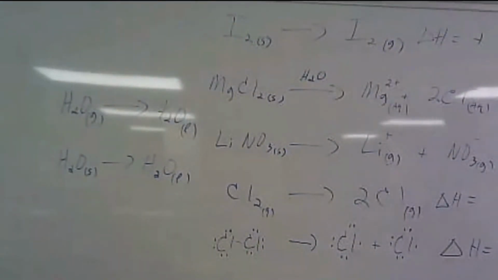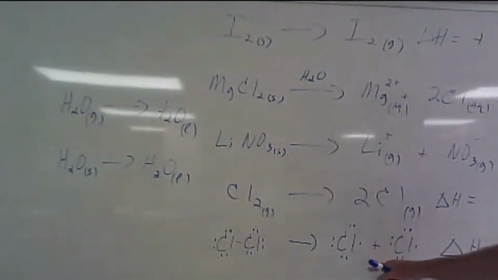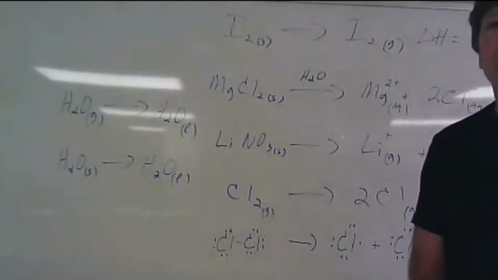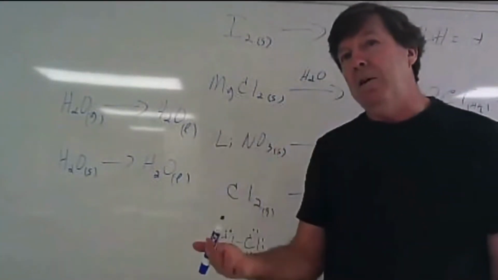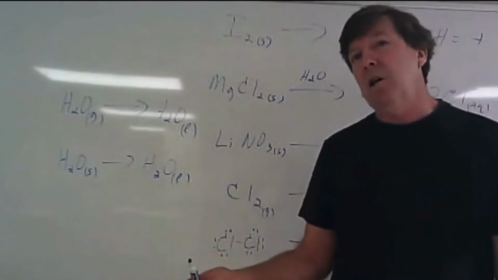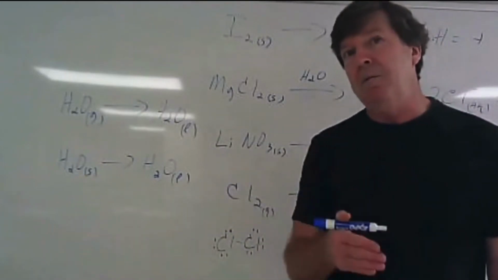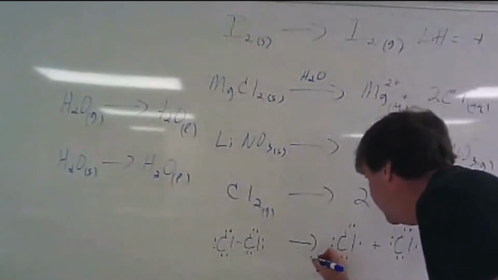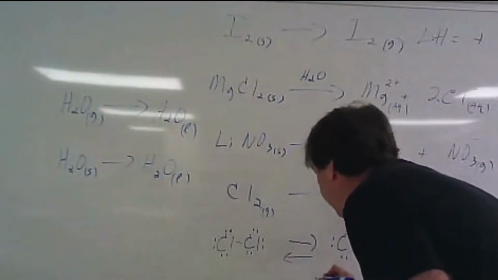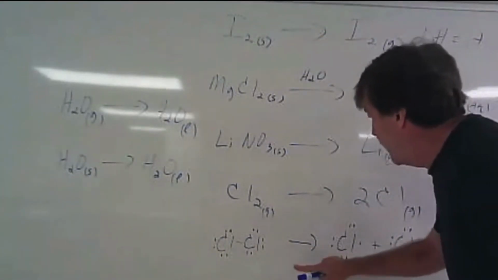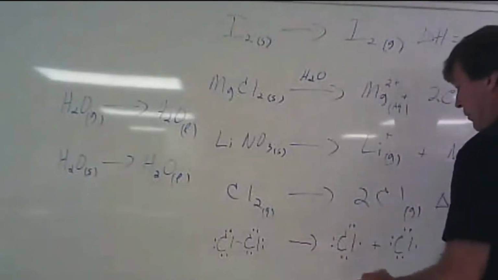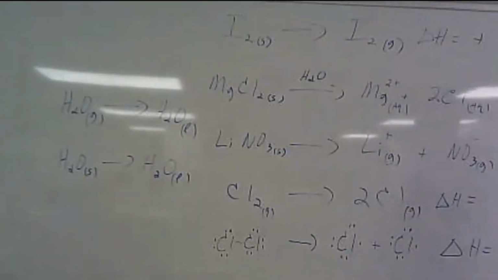It's going to be positive. We could look that value up, and we'll get a value for the bond enthalpy, it's called. If we put a negative value on that, then we know energy is released when these two come together to make that. So the forward reaction is positive, and the reverse reaction is negative.